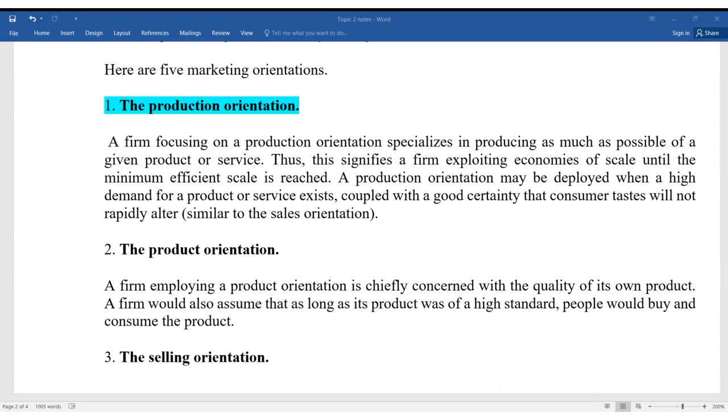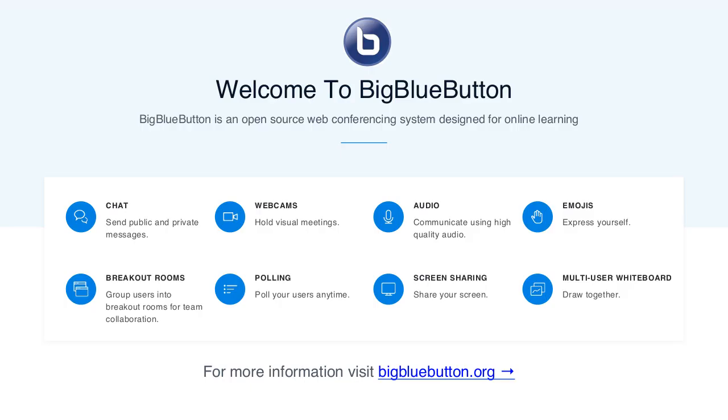Let me show you that new model of TV developed by Samsung, and it's a fantastic product.